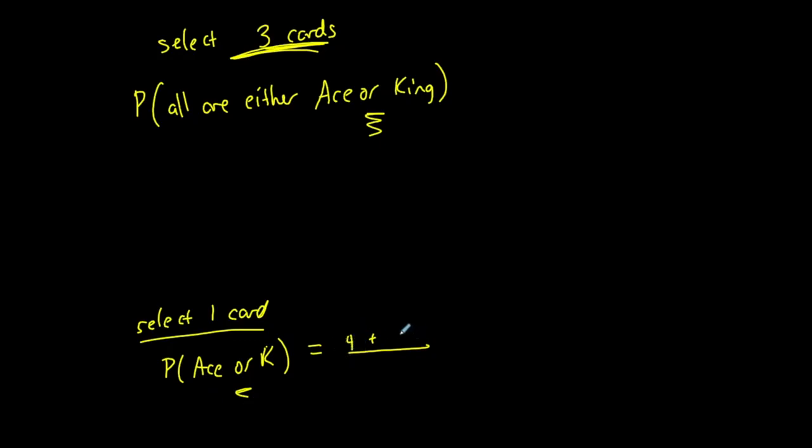There are 4 aces and 4 kings out of 52. So I have 8 out of 52 is the probability of getting an ace or a king if I'm only selecting 1 card. But now I want to select it 3 times. And let's do, for the heck of it, let's do it with replacement first, and then we'll do it without replacement. So here's with and without, just to show you the difference.